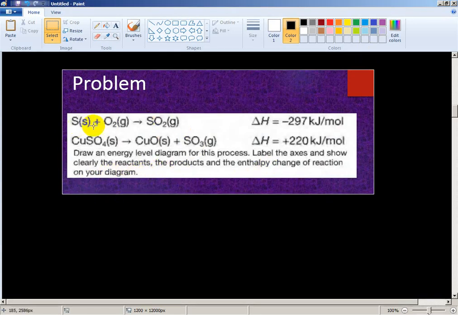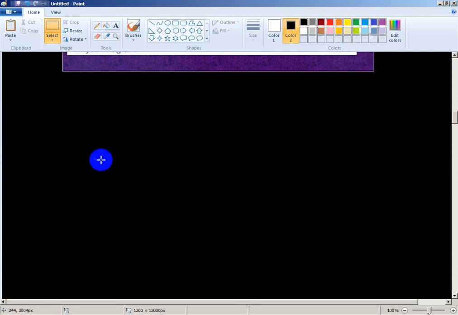The first one: sulfur plus oxygen forms sulfur dioxide. Delta H is negative, so it is an exothermic reaction. We know a negative delta H is an exothermic reaction and a positive delta H is an endothermic reaction. Which is more here, reactant energy or product energy?